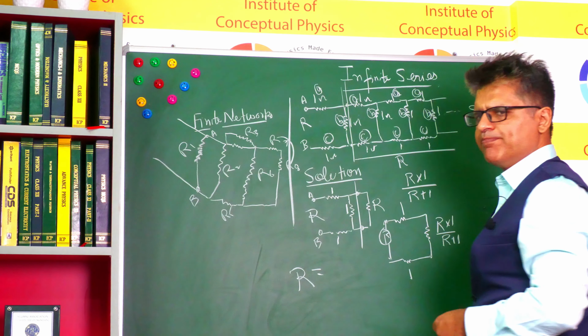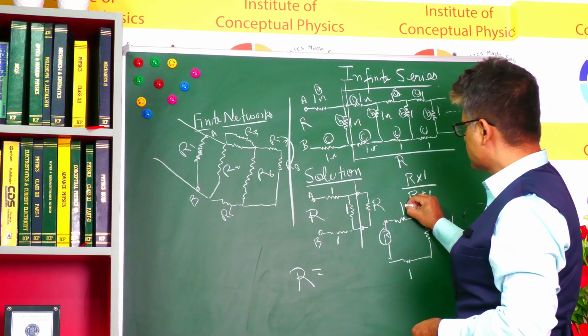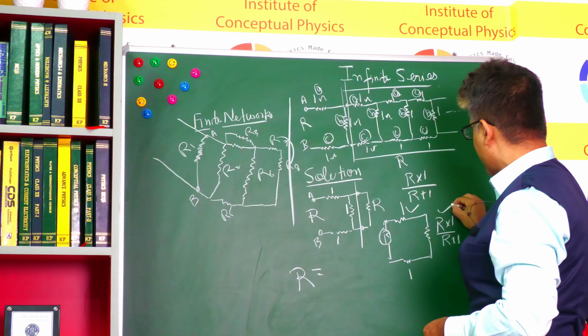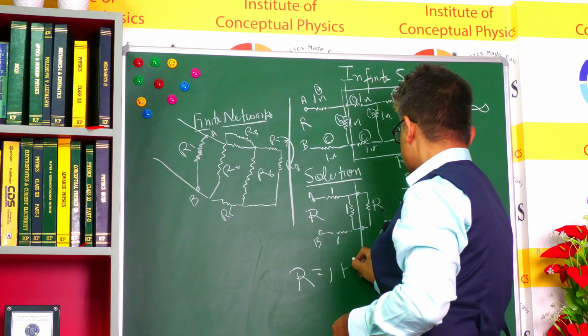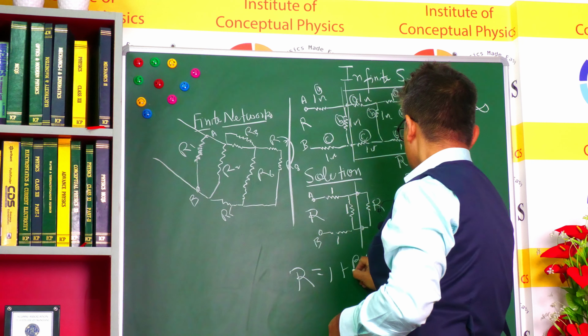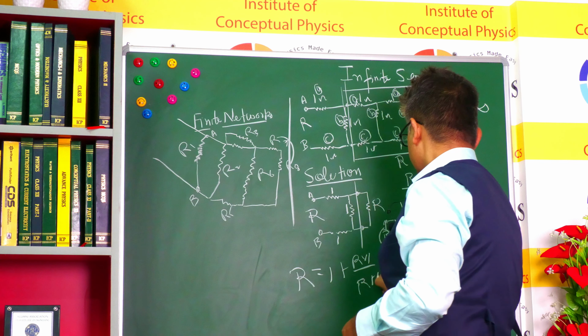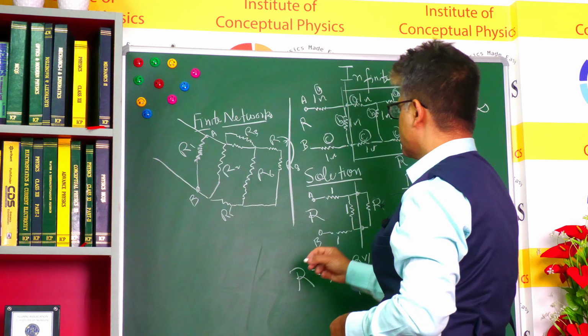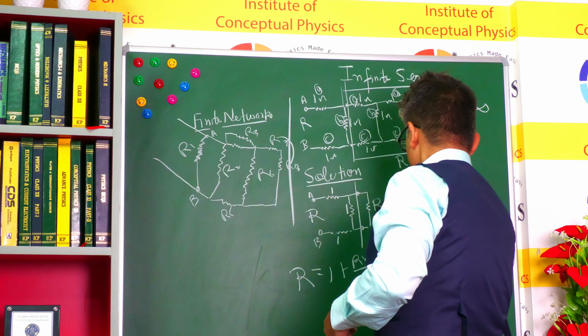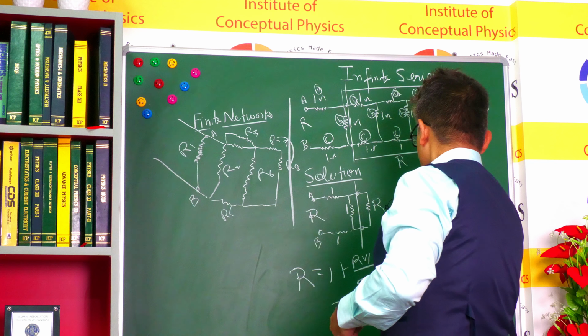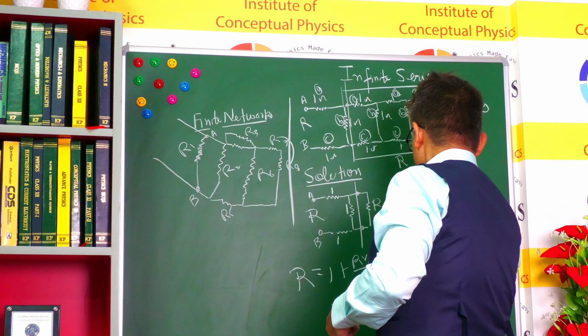So this is the way the pattern emerges, and now you can see that R equivalent, which is this, is made up of 3 resistors, first, second, and third. Okay, so 1 plus R into 1 upon R plus 1 plus 1. So this actually becomes R is equal to 2 plus R into 1 upon R plus 1.